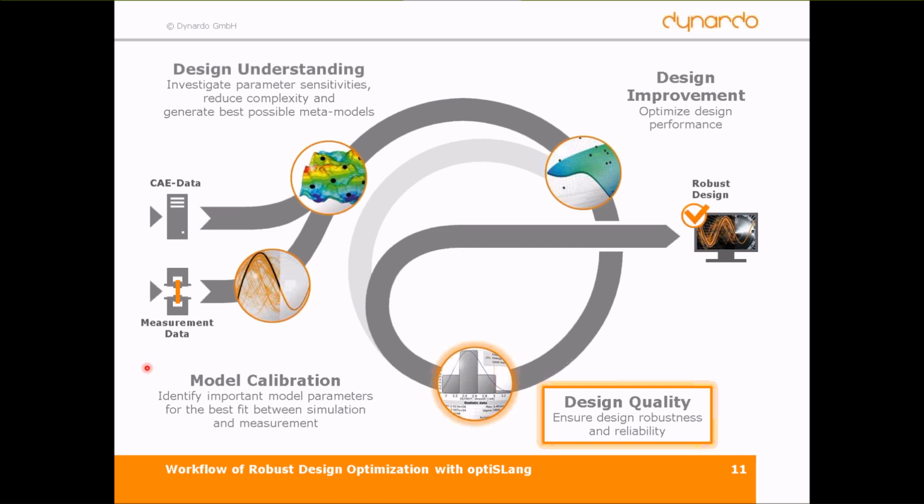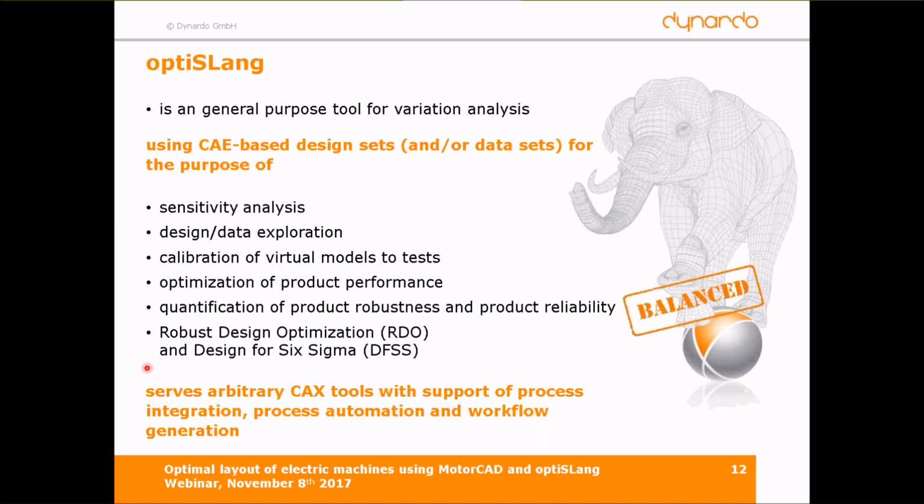Is it still stable under scattering material properties? All that, scattering tolerances. So you can apply a design variation study, and you can apply the dedicated algorithms from optiSLang to examine your simulated system under the viewpoint of, is it robust? Robustness, sampling, reliability proof. Those are the topics here.